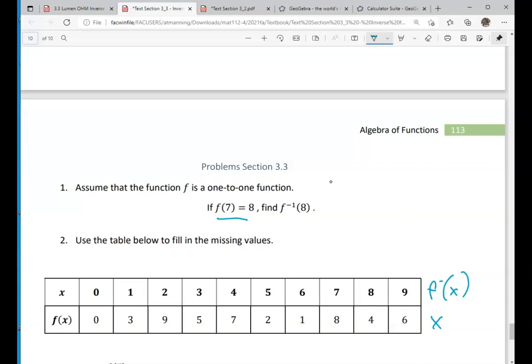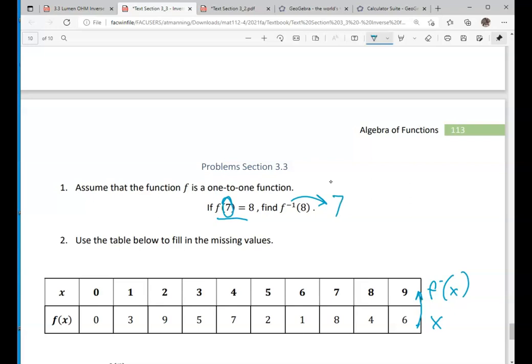So f inverse is basically, this is my input, this is my output. So f inverse of 8, here's my input to f inverse. It gets me back to 7. So I know that if I know what number I got to get me to 8, f inverse better get me back to 7. I don't even have to look at the table to see that.